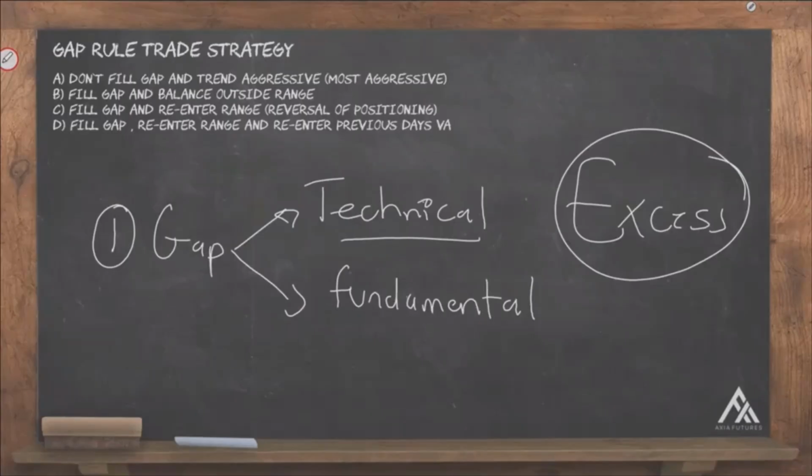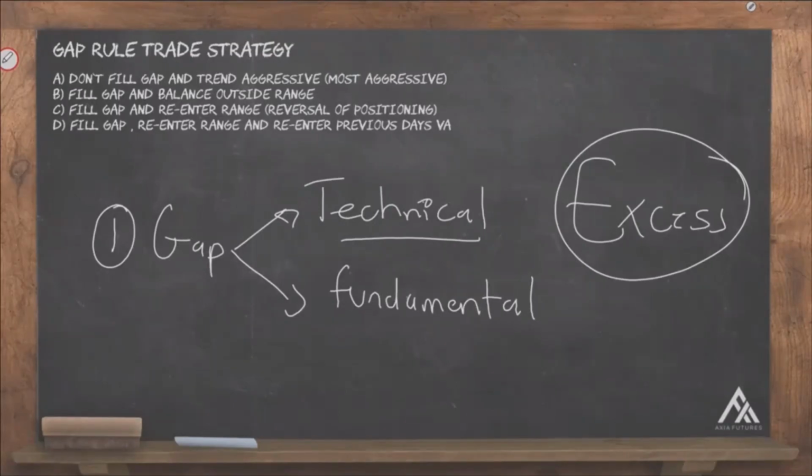Second, is it a fundamental gap? In other words, have we received some form of information overnight, something from maybe a central bank, or maybe there's some huge political news out? Is there a fundamental reason that price needs to very aggressively shift?